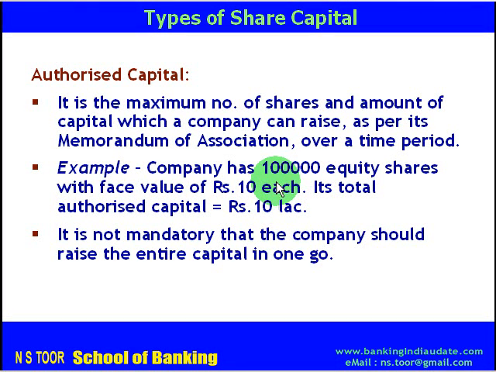It is not mandatory that the company should raise the entire capital in one go. The company will raise the capital according to its requirement over a time period. So authorized capital is the maximum number of shares and maximum amount of capital which the company can raise.